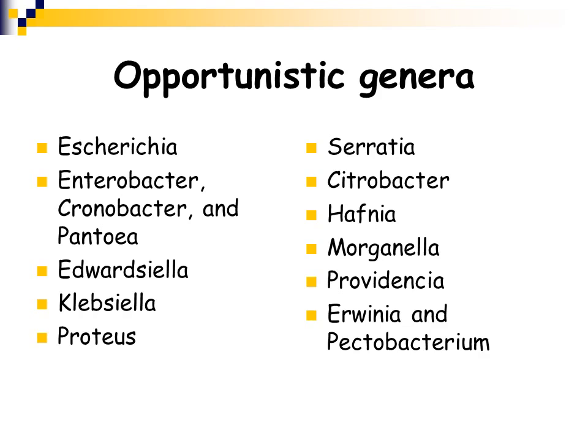So the organisms in the opportunistic category are the genus Escherichia, Enterobacter, Cronobacter, Pantoea, Edwardsiella, Klebsiella, Proteus, Serratia, Citrobacter, Hafnia, Morganella, Providencia, Erwinia, and Pectobacterium. Now that's a lot of organisms.